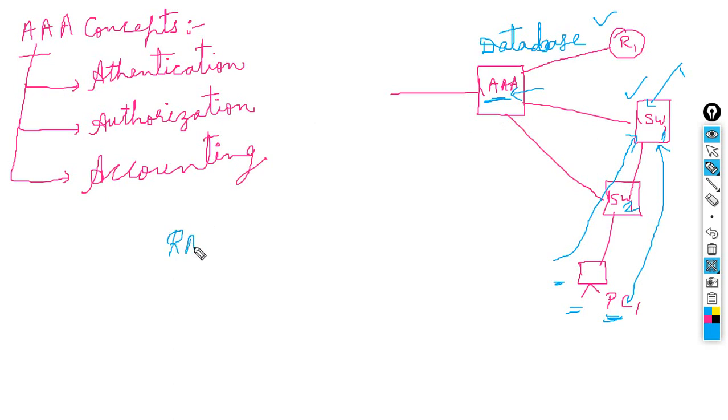I will write here RADIUS protocol, and also we have TACACS. These are the two protocols we can use for AAA purposes. So AAA can use the RADIUS protocol or the TACACS+ protocol, where the database is located.